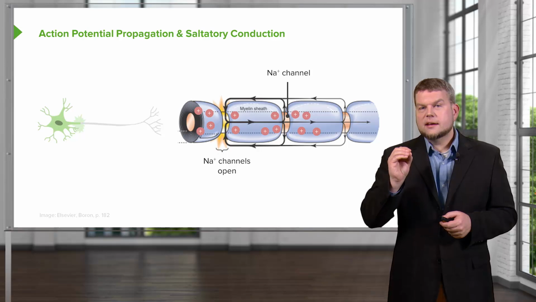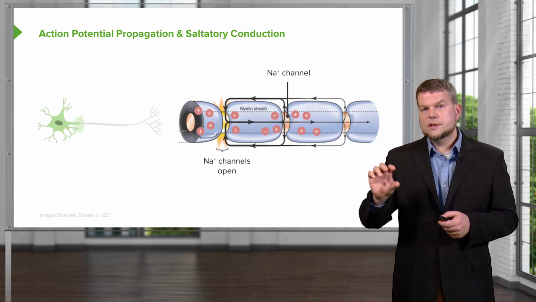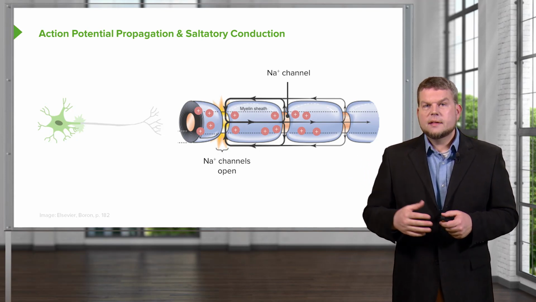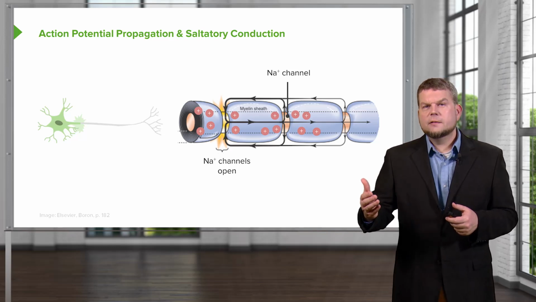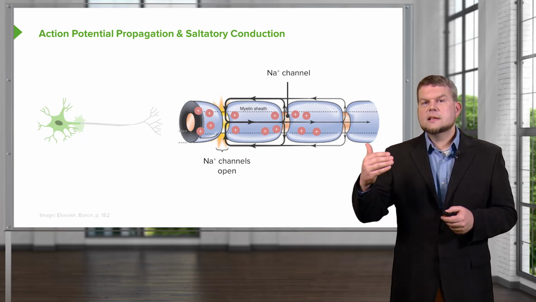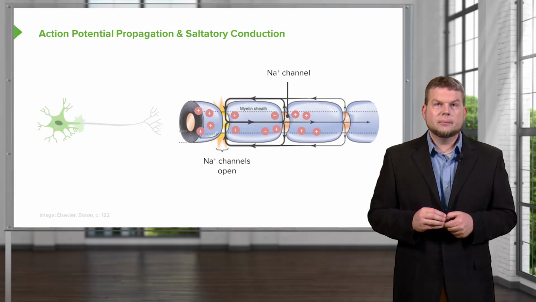You notice that there are a lot of space in between each of these sodium channels. That space in this particular diagram looks blue. In fact, it is another cell that's wrapping around that axon. So let's talk through what that might be.